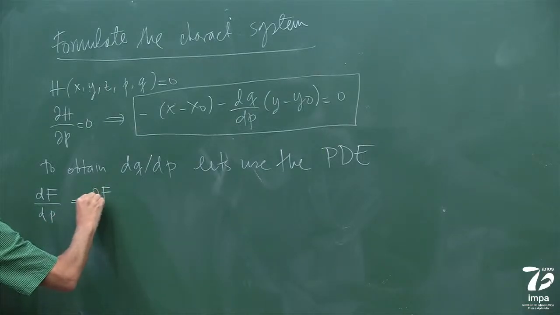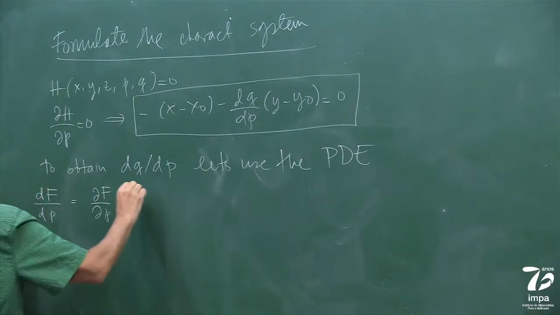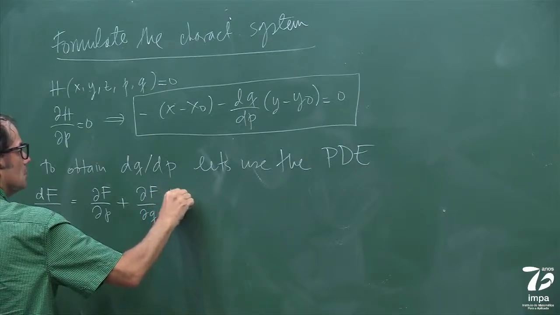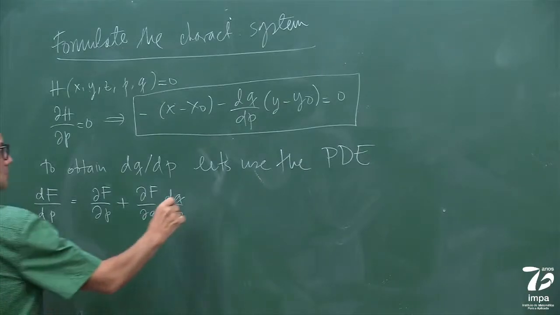So this is dF dp plus dF dq dq dp, which should be equal to 0.